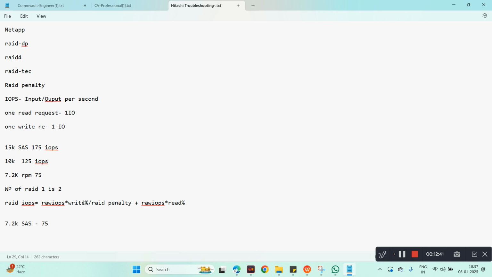In that case, how many disks do you require? It will be RAID IOPS divided by 75. That will be the number of disks you require in a RAID group that can support that.